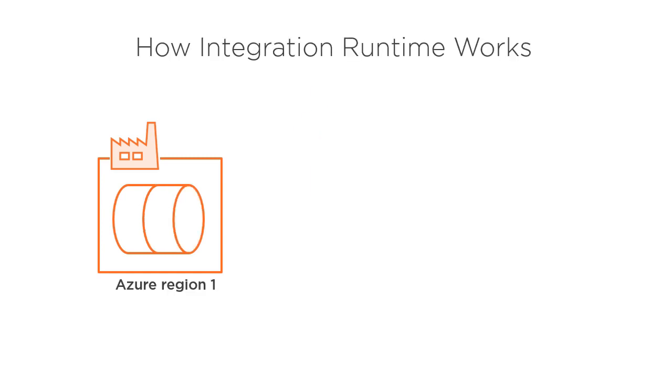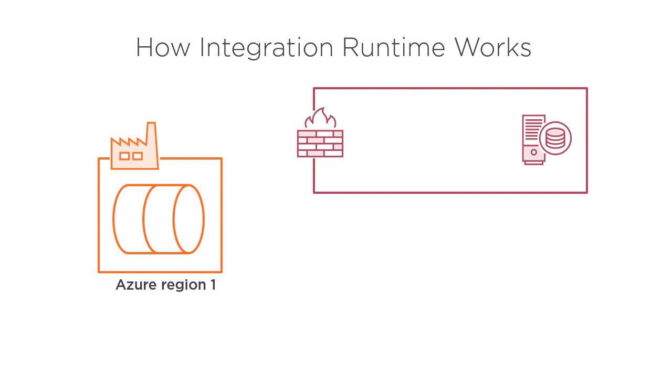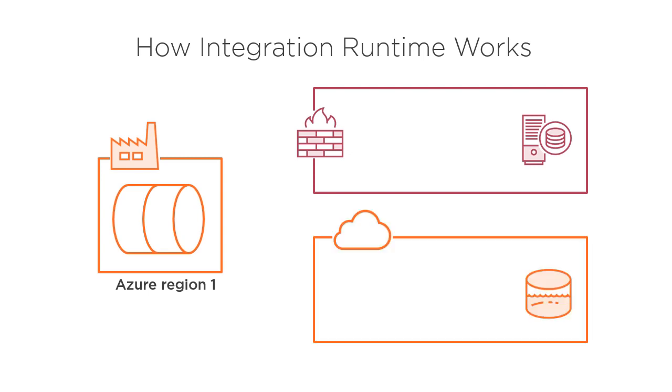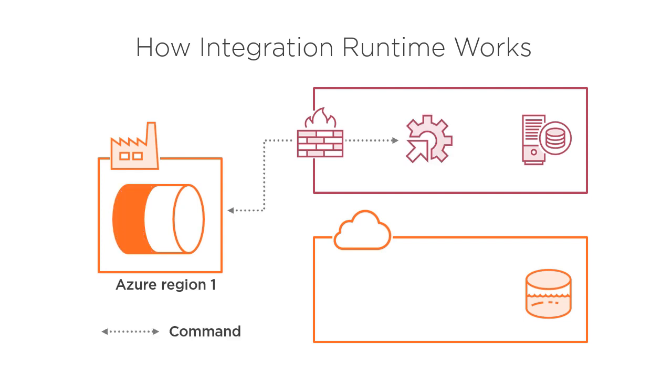So you have the on-prem environment with SQL Server sitting behind a firewall and the Data Lake Store within the Azure cloud. When the first activity begins, the Data Factory directs the self-hosted IR to copy the data from SQL Server to Data Lake Store.